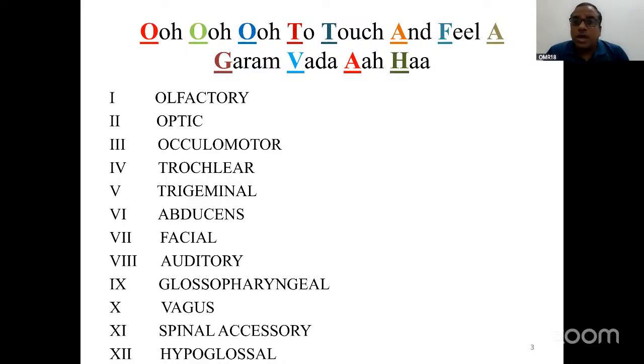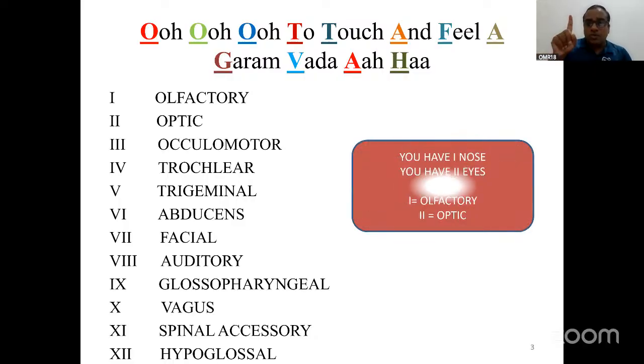Okay. So now olfactory, factory, bad smell. How do we smell? We smell through the nose. How do we see? Second one, optic, through our eyes. So how many noses and how many eyes do you have? You have one nose and two eyes.